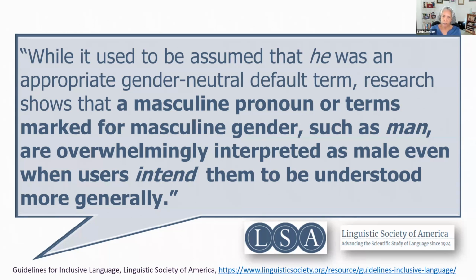And the research showing us that although it may be intended as gender neutral, in actuality, it's not gender neutral. And that we need to use other terminology to make sure that we are indeed being gender neutral.